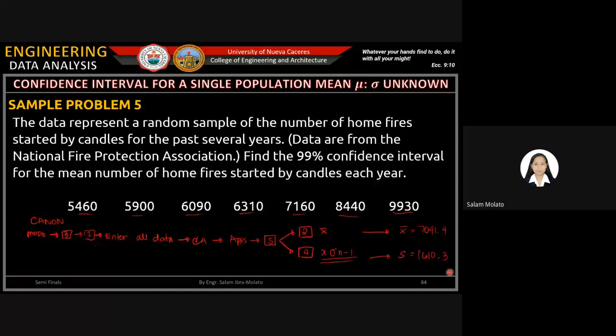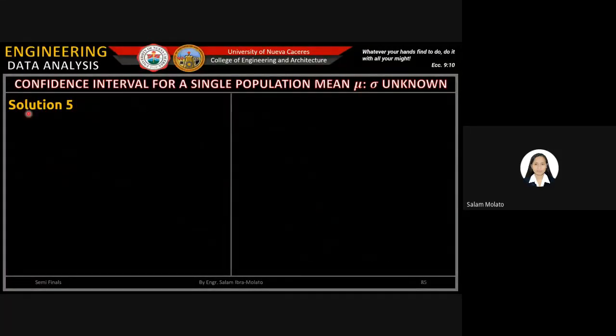We already have bar X and S. Let me write it here: the bar X is equal to 7041.4, and S, the sample standard deviation, is 1610.3. Okay? So, what is our CL?